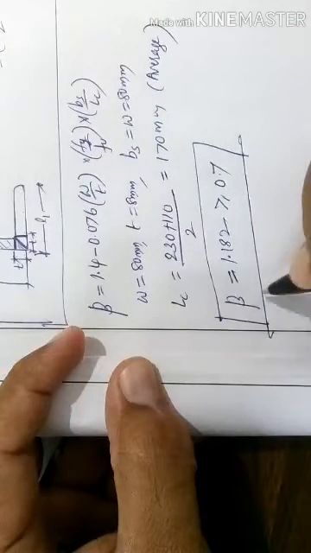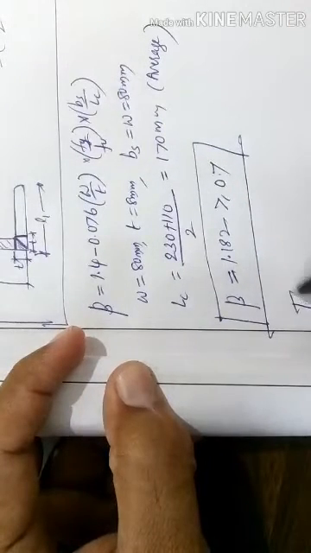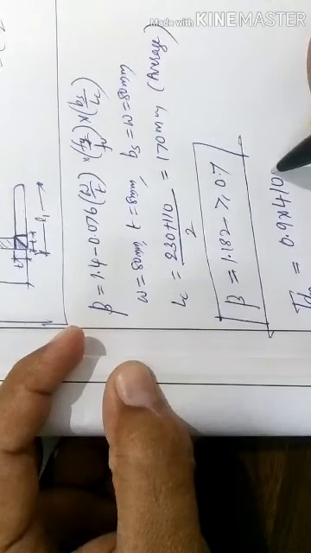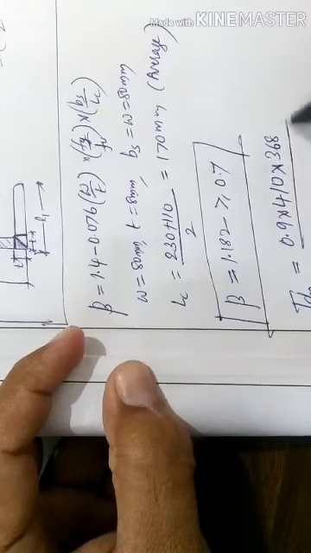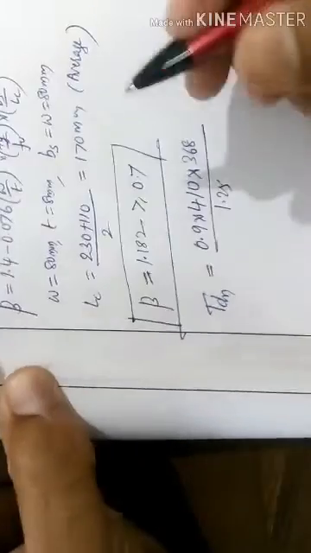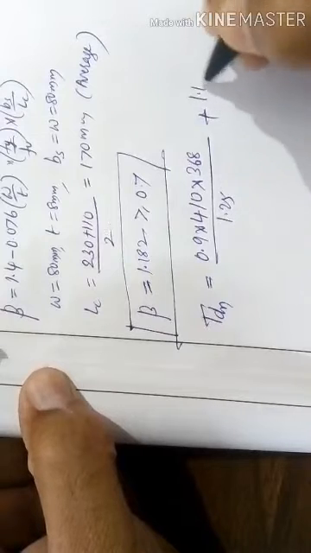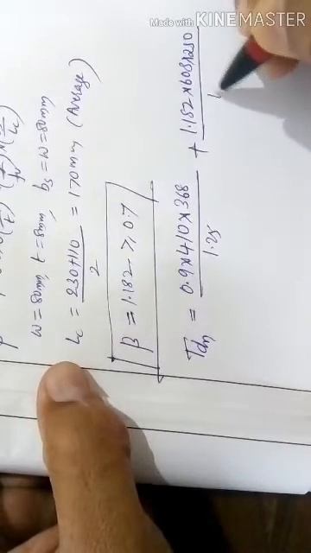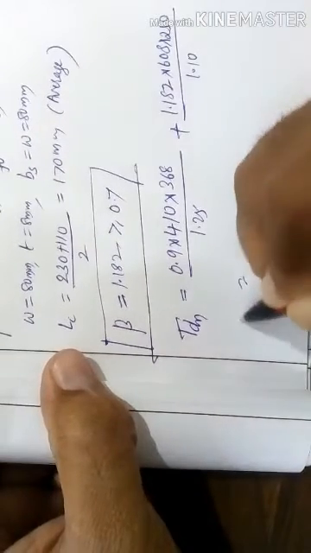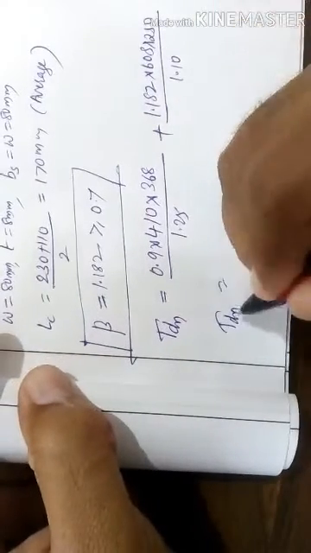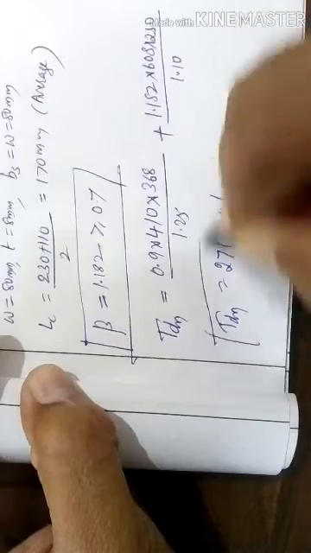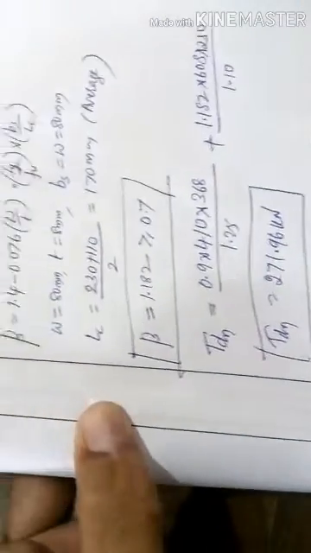Then substituting the value of beta in the above equation, TDN will be 0.9 into 410 into 368 divided by 1.25 plus 1.182 into 608 into 250 divided by 1.10. When you calculate this, TDN comes to be 271.96 kilonewton.